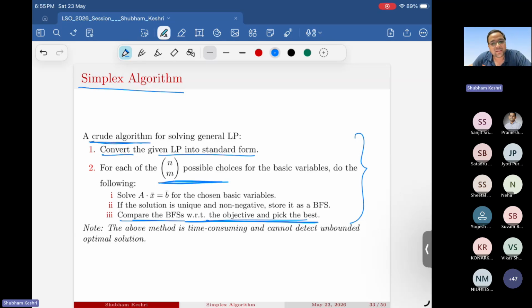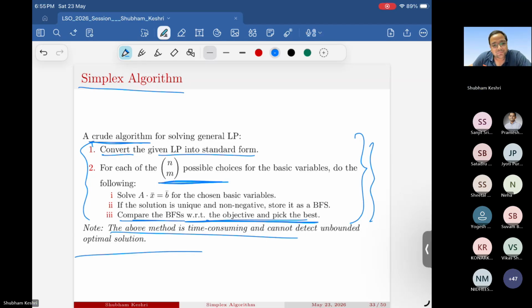Why am I calling this a crude algorithm? Anyone? You can just unmute yourself. What does this algorithm lack? Do you understand this algorithm? This is very similar to the graphical method.